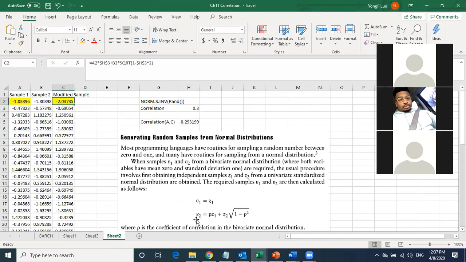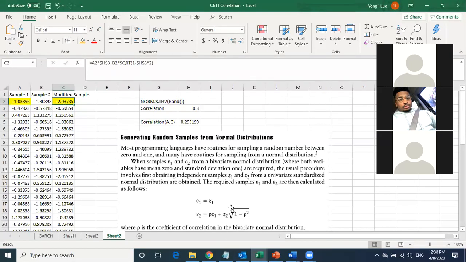If you want to create a correlation of, for example, 0.3, you generate the modified sample: the correlation times sample 1, plus sample 2 times the square root of 1 minus the correlation squared.